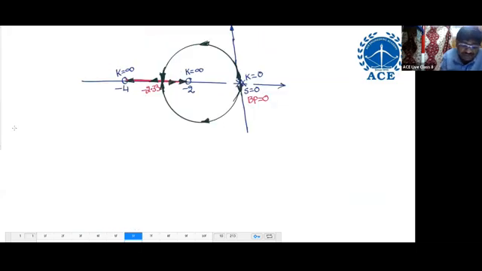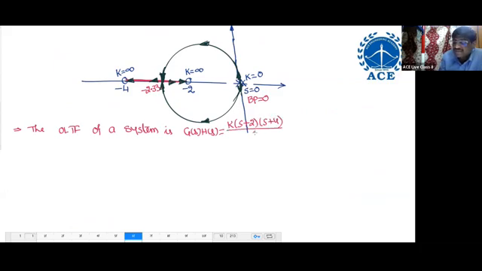So what will they give? The open loop transfer function of a system is G(s)H(s) equal to k into s plus 2 into s plus 4 by s square. The RLD is a circle.